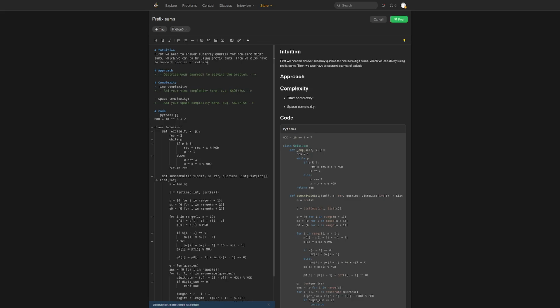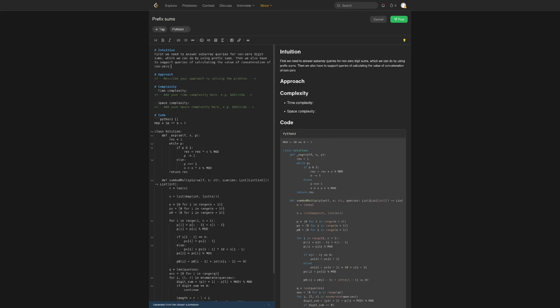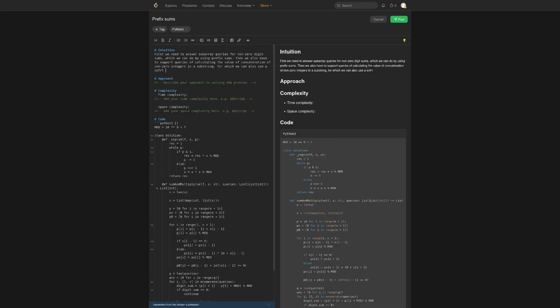Support queries of calculating the value of the concatenation of non-zero integers in a substring, for which we can also use a sort of prefix sums.